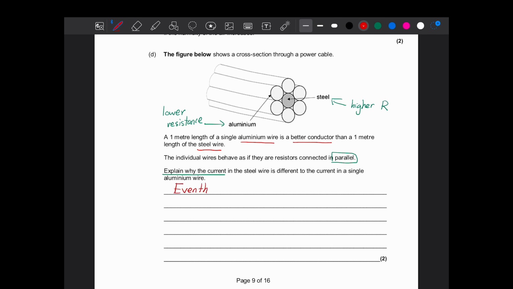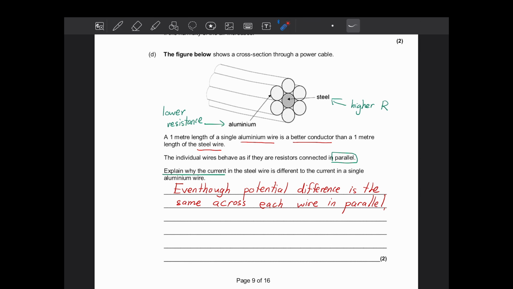Even though potential difference is the same across each wire in parallel.